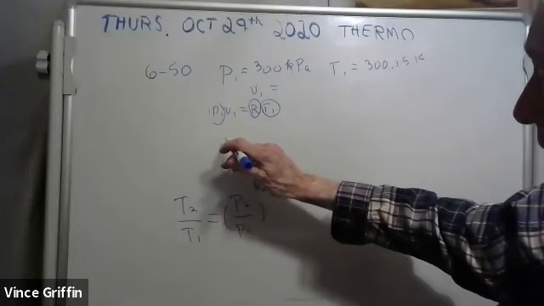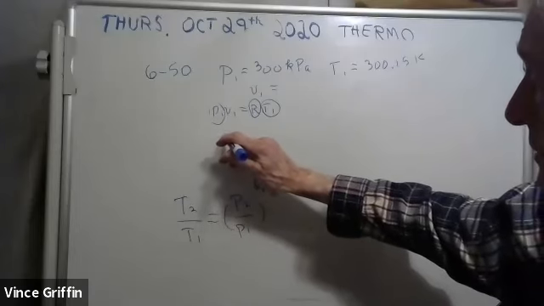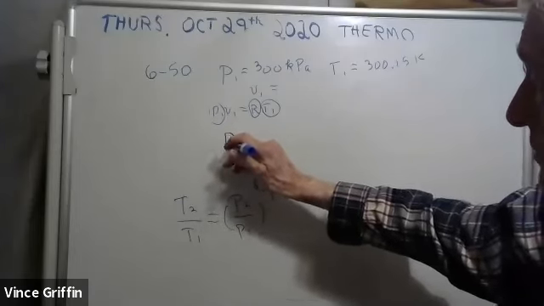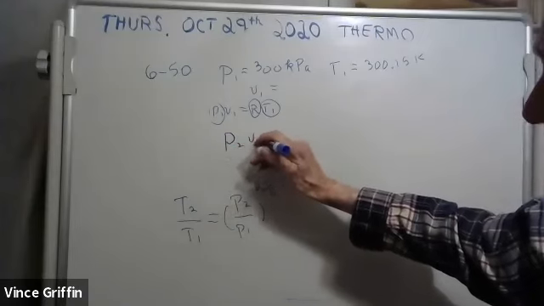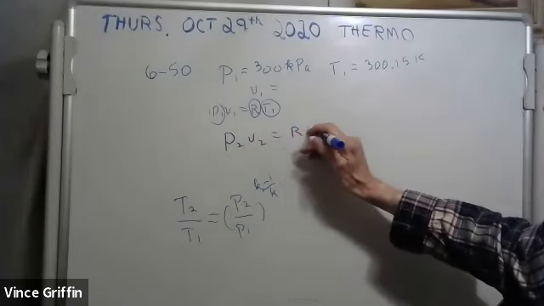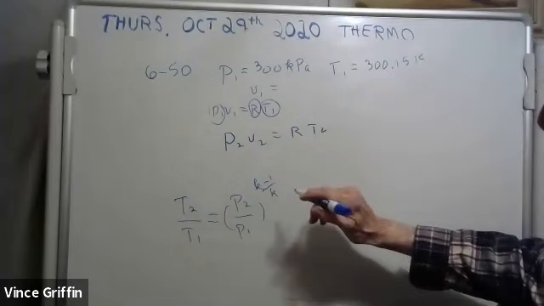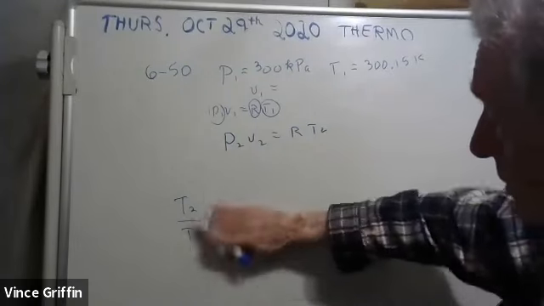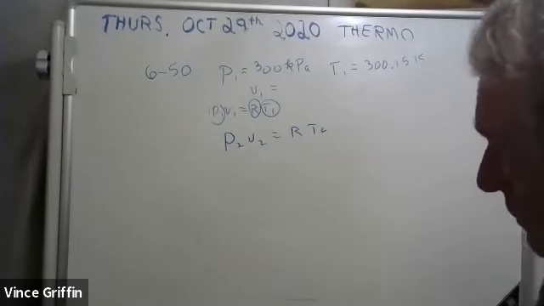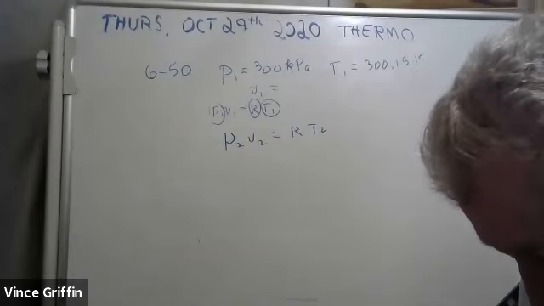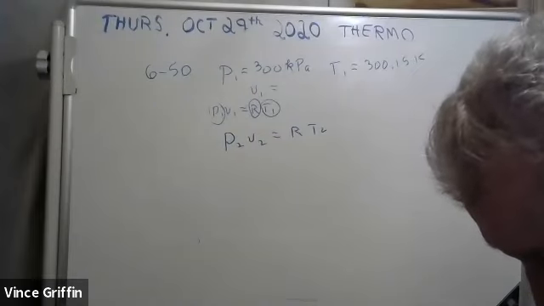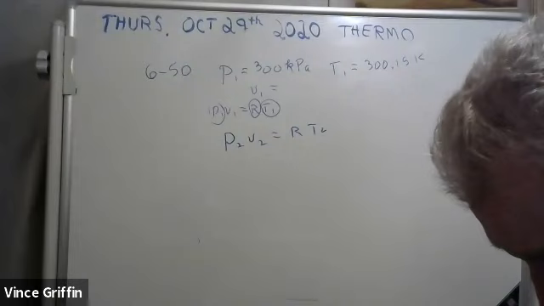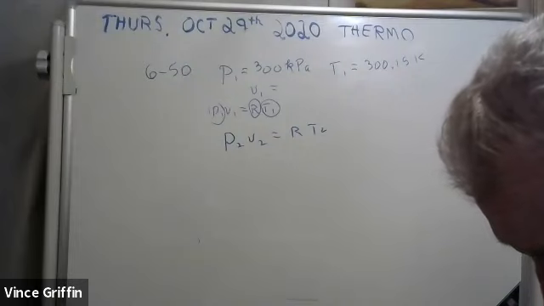And while Reagan's doing that, I want to get V2. Say P2 V2 is equal to RT2. Now we know P2. If you read the problem, it's a constant pressure, so we know what that is.